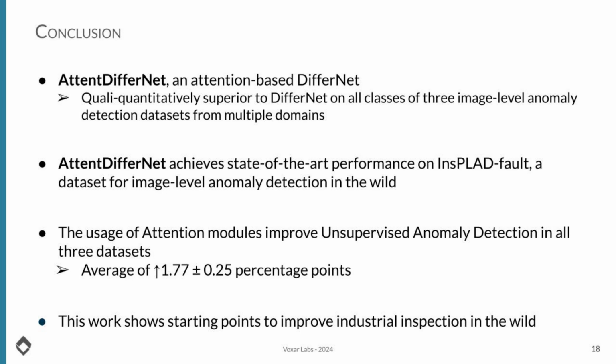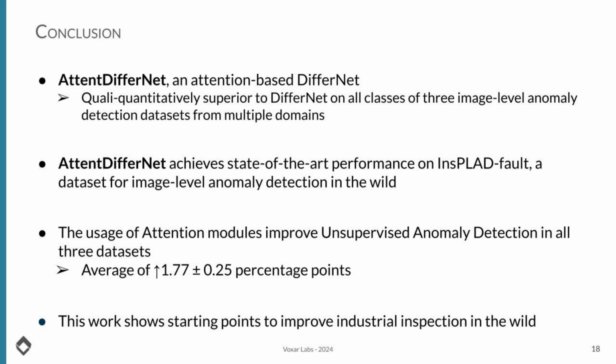So finally, this work proposes the AttentDifferNet, which is an attention-based DifferNet. It is qualitatively and quantitatively superior to the standard DifferNet in all classes of the three image level anomaly detection datasets, which are from multiple domains in the wild and controlled scenarios.